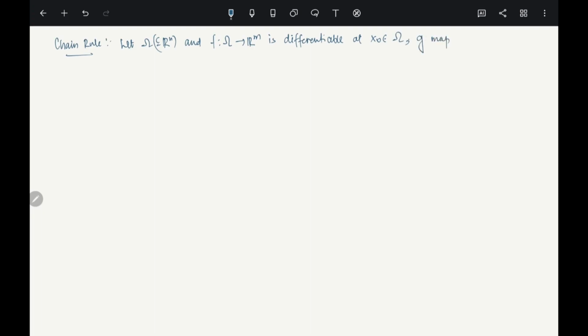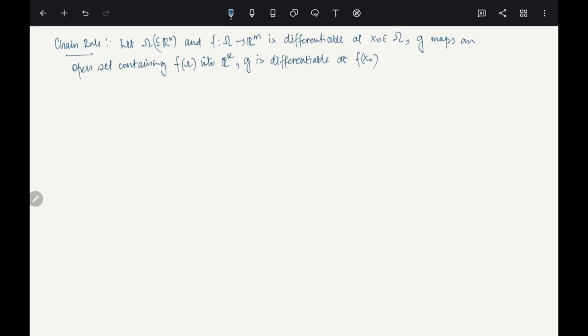So let's say g maps an open set containing f of omega into Rk. So basically what is happening is f is from omega to Rm and g is from f of omega to Rk. And we are also assuming that g is differentiable at f of x0. So we are assuming this.